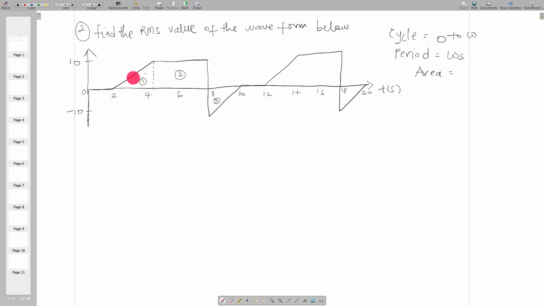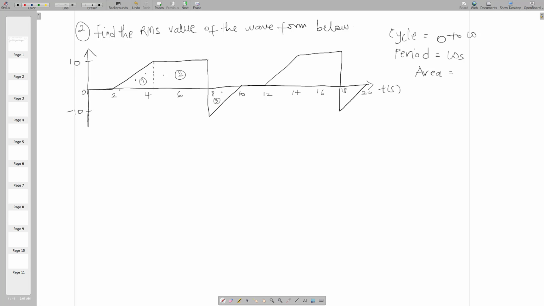So then if I know the area for 1 and I multiply it by 2, I should get the area for this and this, and then I can also find the area for this square wave and add them. After that, I will divide by the period of the cycle, that is 10, take the square root, and that gives me the RMS value.